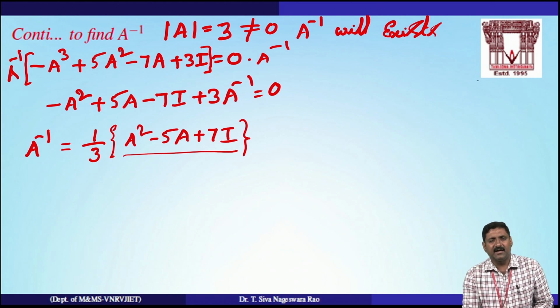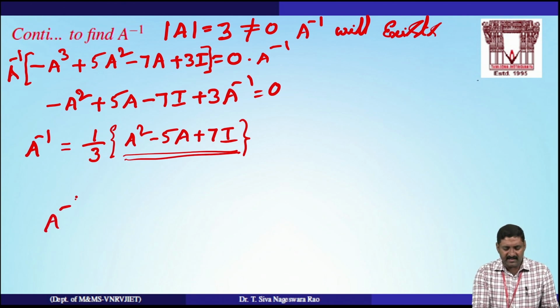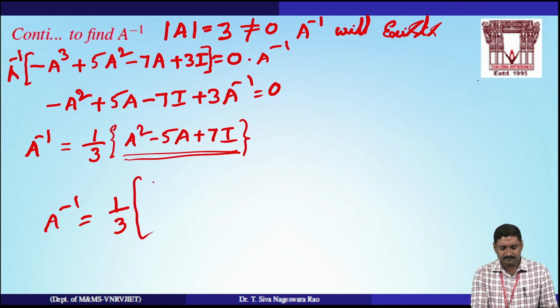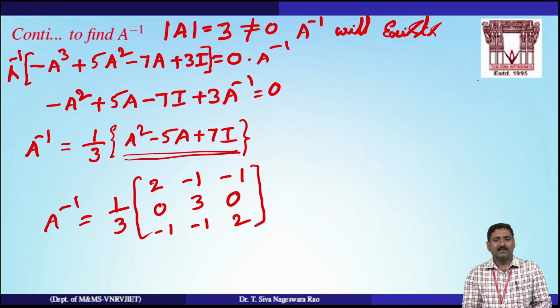And I is the identity matrix of order 3 by 3. Simplify this expression. Then you will get A inverse as 1 by 3 multiplied by 2, minus 1, minus 1, 2, minus 1, minus 1, 0, 3, 0, minus 1, 2. This is how we will find the inverse of the matrix by using Cayley Hamilton theorem.